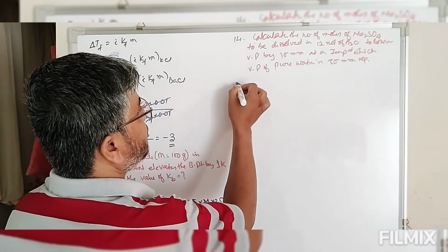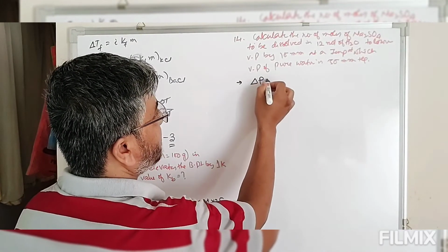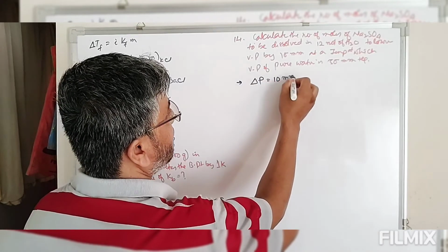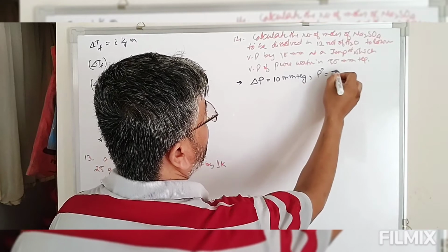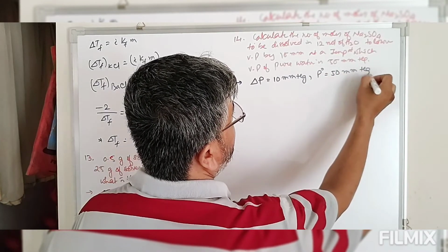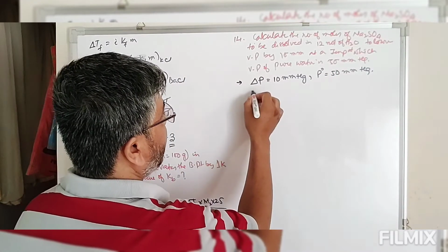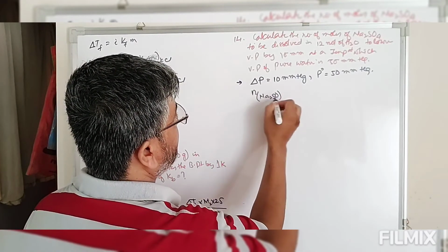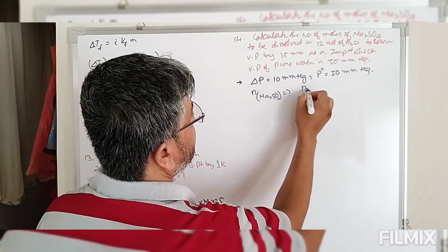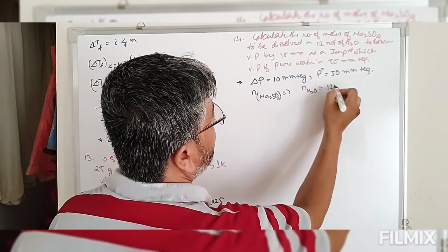So now look at this, the question says lowering of vapor pressure is 10 mm mercury. Vapor pressure of pure water is 50 mm mercury. Now we have to find the number of moles of sodium sulfate. The number of moles of water is 12.